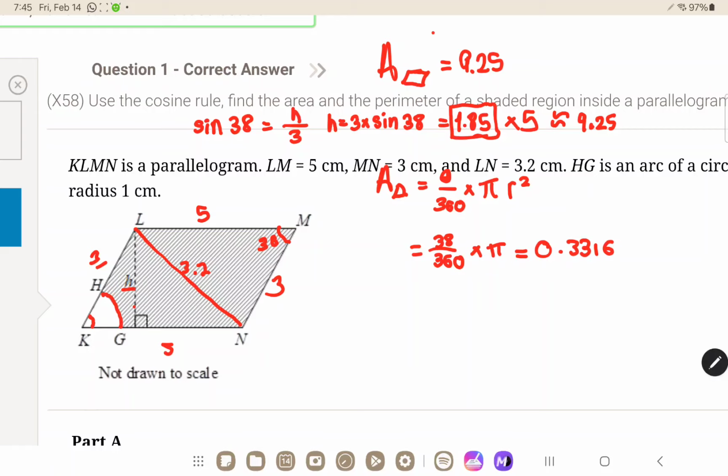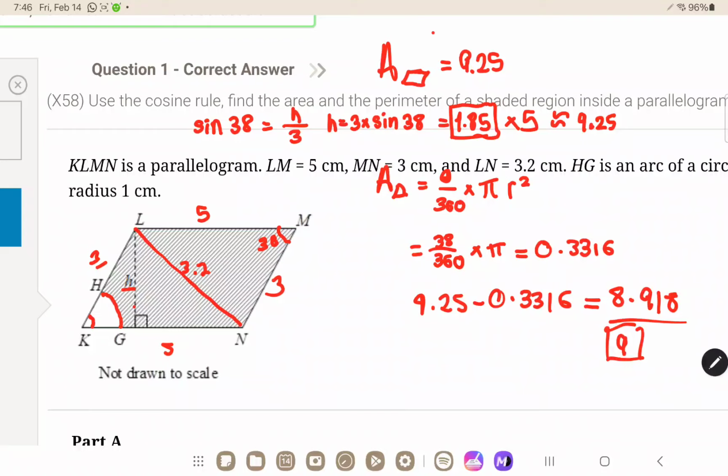Now 9.25 minus 0.3316 is 8.918, something like that. What we need is the nearest whole number, so you're gonna round it up to 9. So that is our area of the shaded part only.